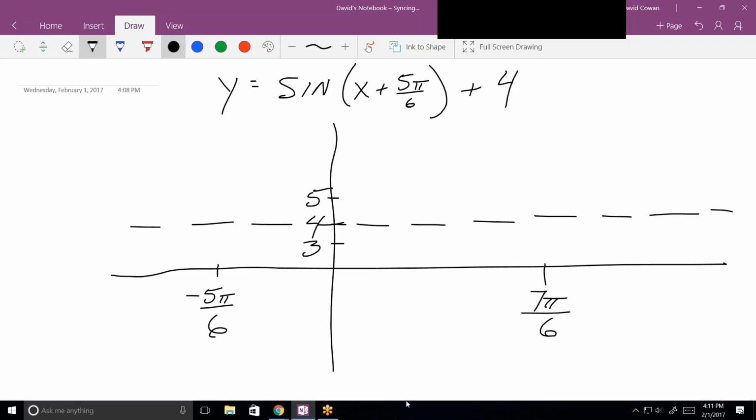Yes, I think so. So what was that again? That was pi over 6. And that point is going to be negative 2 pi over 6. And this point's going to be... That point would be 4 pi over 6.